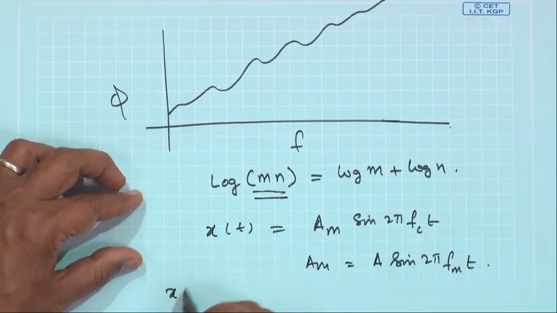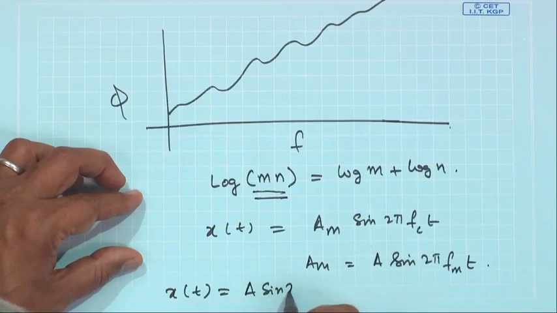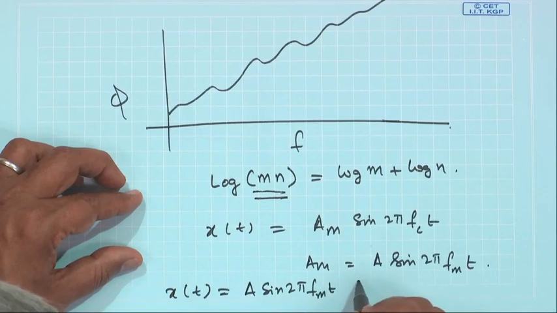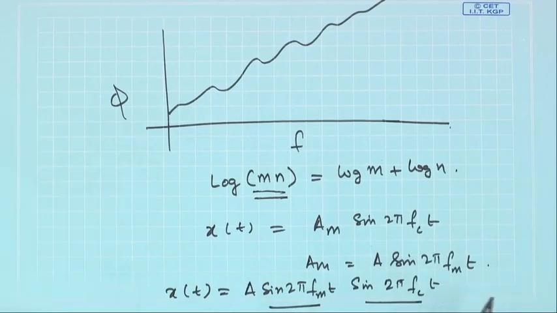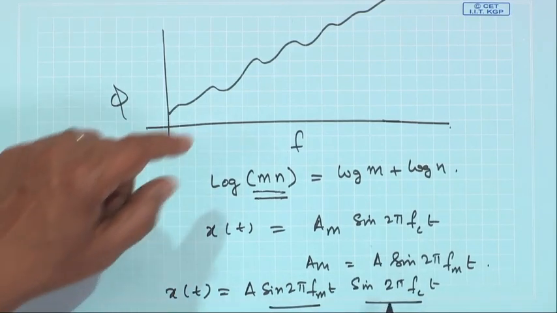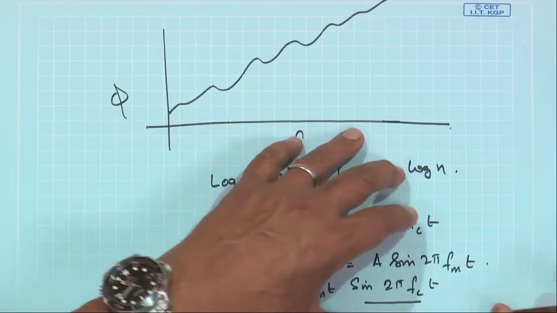So, basically my x t is nothing but a sin 2 pi f m t times sin 2 pi f c t. So, there are basically two functions which are multiplied. So, if I take a logarithm, they will get added.